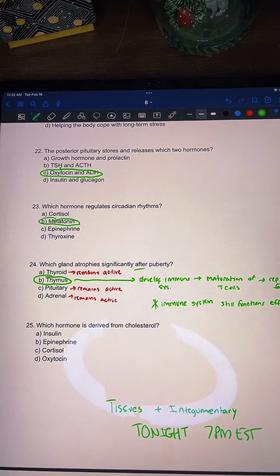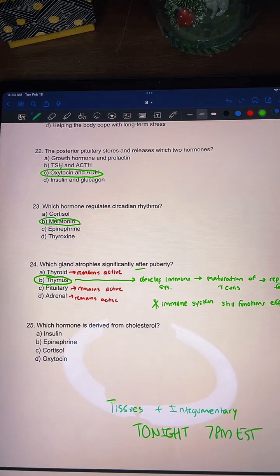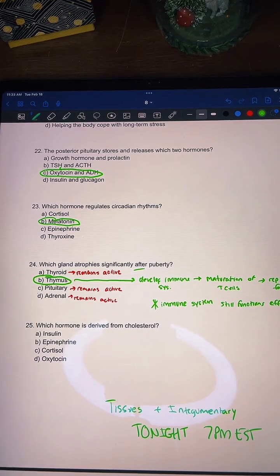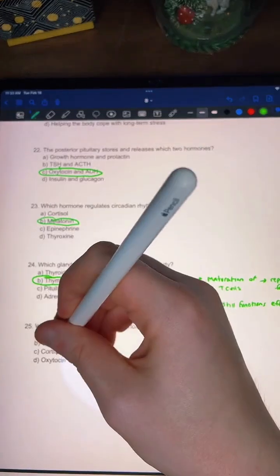Posterior and anterior are used to describe locations. Anterior means it's in the front. Posterior means it's located behind, in the back. If you're looking at someone face on, their posterior is more to their back, and the anterior is more towards the front. Number 25 is C, cortisol.